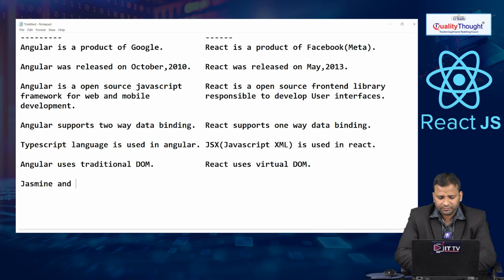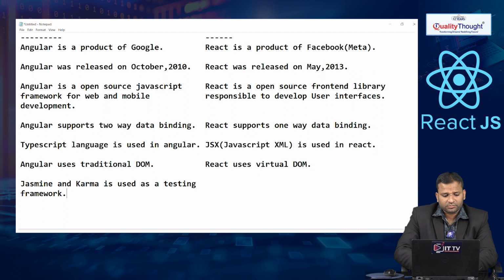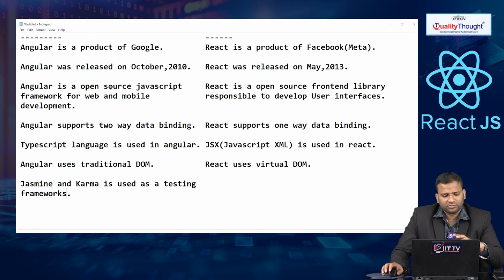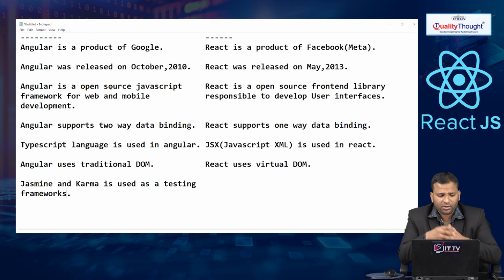Next, Jasmine and Karma are used as testing frameworks. See, in Angular, after developing the components, we need to test our code. Not only in Angular, even in React the same thing is applicable. We are generating the components, and after generating them, we need to do testing. The testing is known as unit testing.